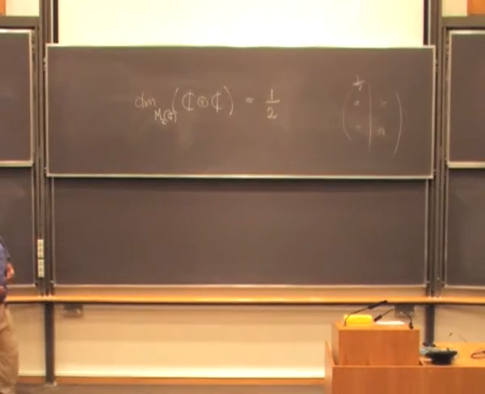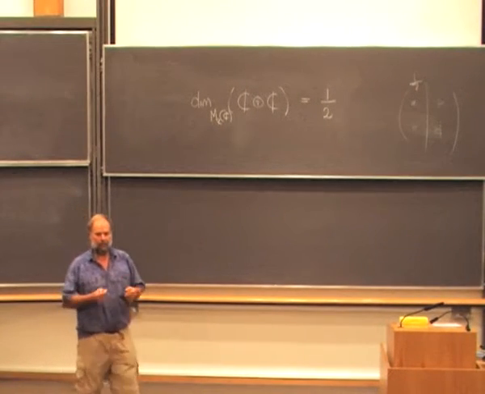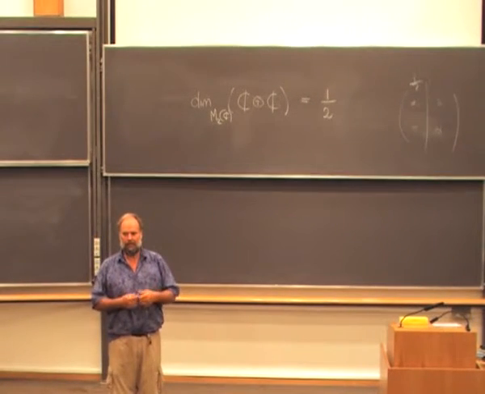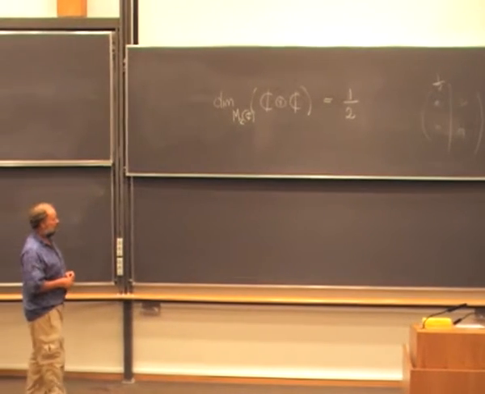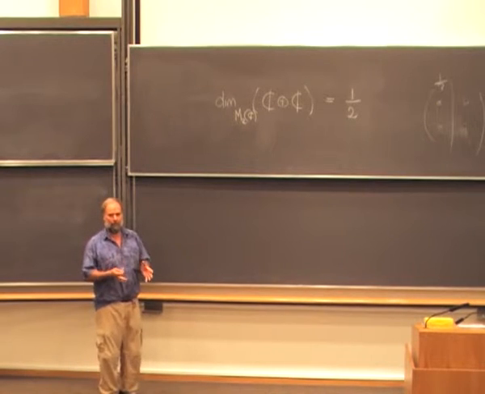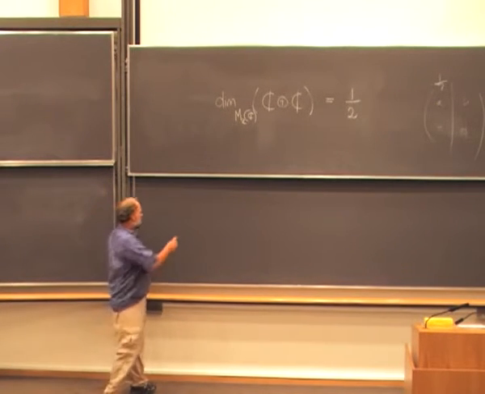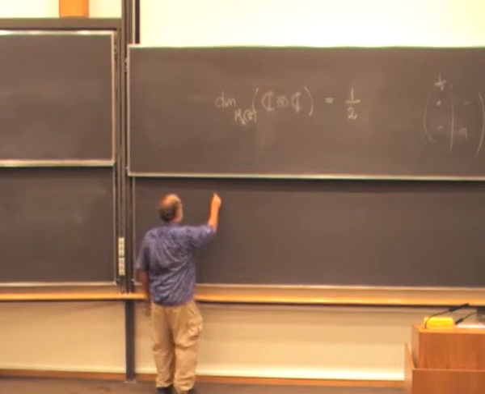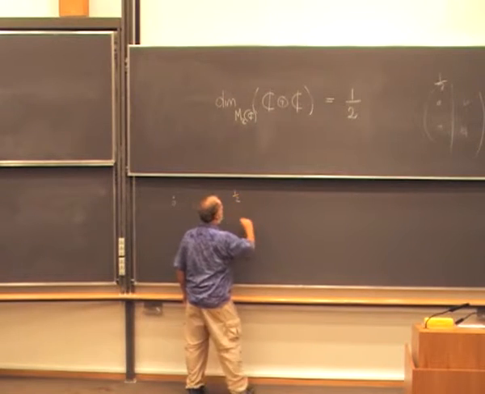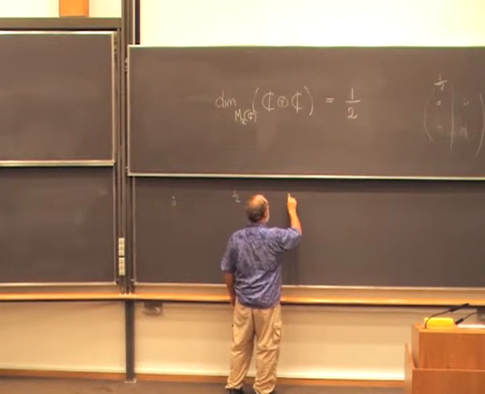So obviously C plus C is a module over the 2x2 matrices, and in this philosophy it should have dimension equal to 1/2. So let's list all of the modules over the 2x2 matrices with their dimensions. Here they are. First is 0, and here's the 1/2, and here's the one which is 1.